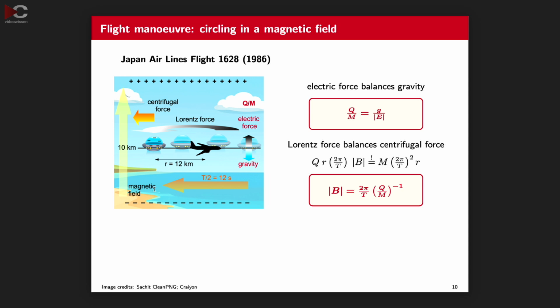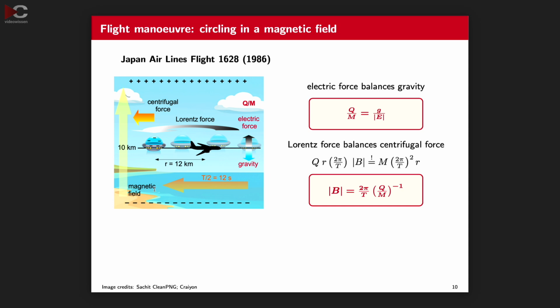So let's do the calculation that the Lorentz force, which is the charge times the velocity times the magnetic field strength, equals the centrifugal force, which is the mass times the angular velocity squared times the radius.